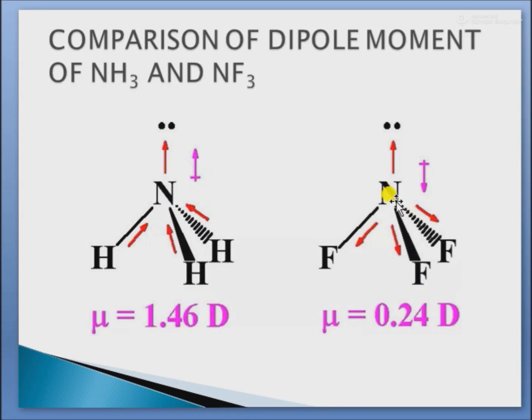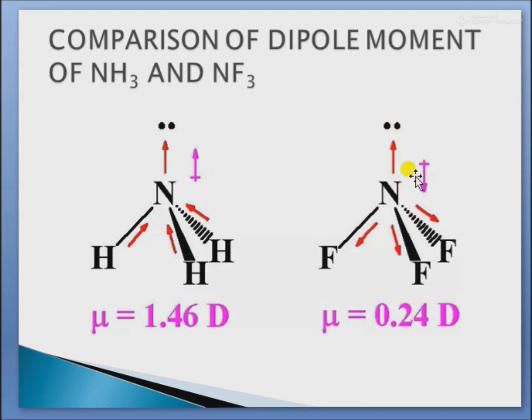And in case of NF3, fluorine is more electronegative than nitrogen, and it pulls the electrons of the nitrogen bond towards itself, and that's why there is net dipole moment which is in the direction of fluorine, not in the direction of lone pairs.